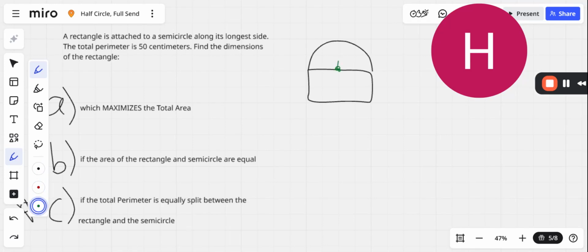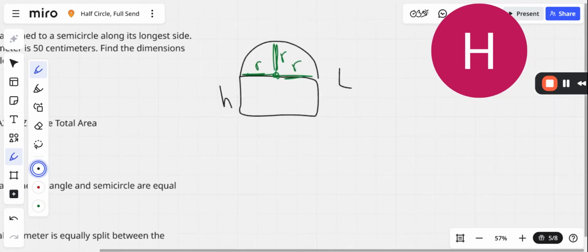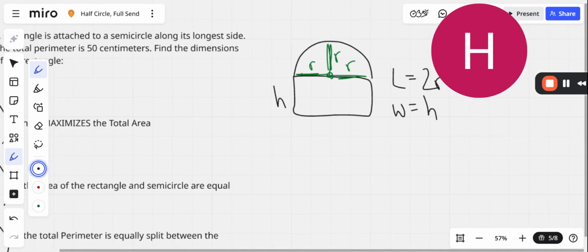I put it in the wrong spot. But also that means this would be the radius, and this would be the radius. So notice that the diameter is the span of the semicircle, and that's how long the side is. Meanwhile, we can just call this h. So the length of the rectangle is 2r, and the width, you might just call it h.